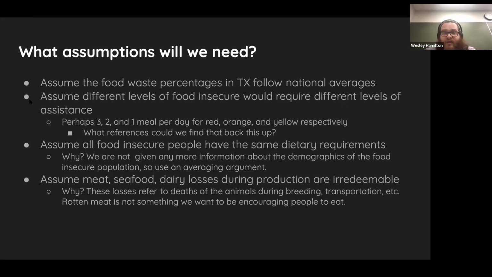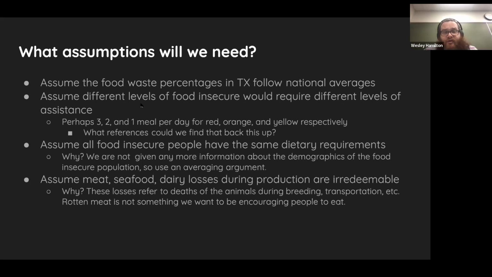Another assumption might be, well, there are different levels of food insecurity, and so for each of these different levels of food insecurity, or these different communities, maybe they need a different kind or amount or level of assistance.